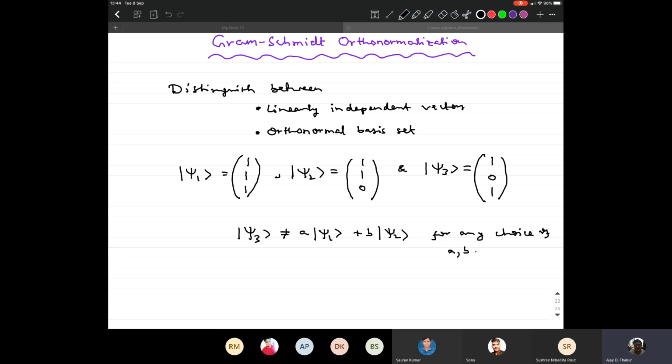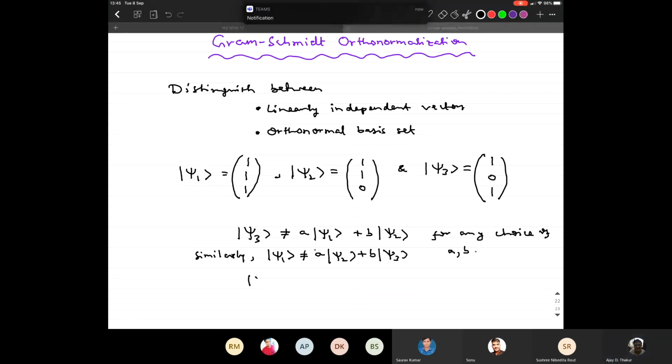And similarly, you can also show that psi1 is not equal to, say, a psi2 plus b psi3, and psi2 is not equal to a psi3 plus b psi1.